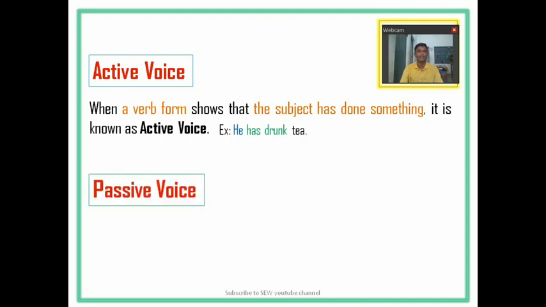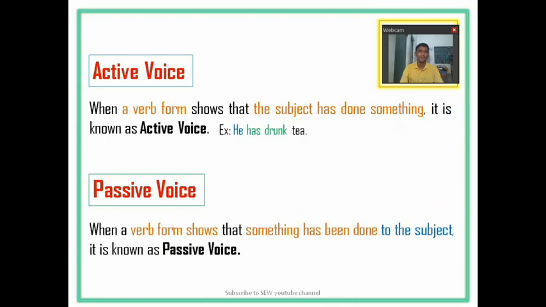And another important one is passive voice. What is passive voice? When a verb form shows that something has been done to the subject, it is known as passive voice. So something has happened to the subject, receiver of the action, which shows that it is in passive voice. Hope you understood.